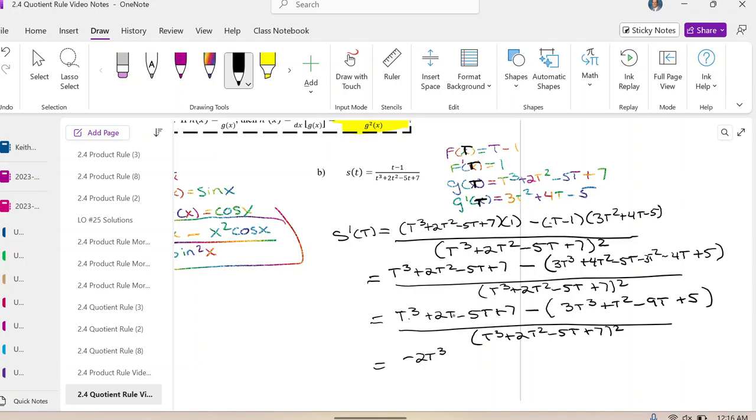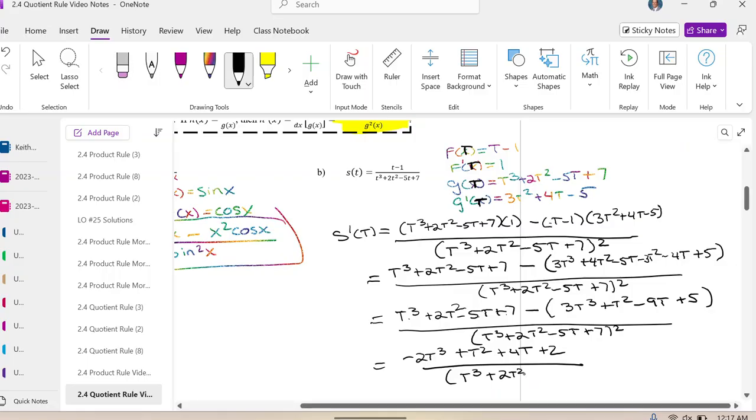It's 2t squared minus t squared, which gives you plus t squared. Negative 5 minus negative 9 is positive 4t. And 7 minus 5 is positive 2. And then it's all over t to the third plus 2t squared minus 5t plus 7, squared. So that is your derivative.